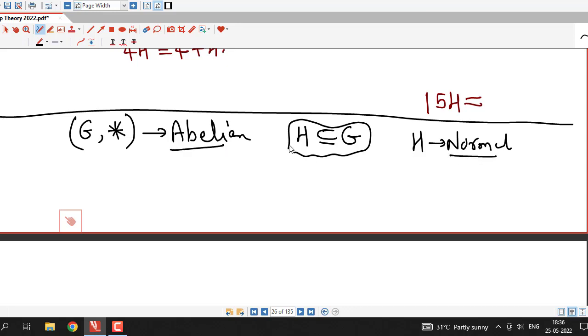So I can show this in several ways. I have three equivalent criteria to prove that H is a normal subgroup, and we will use this criteria.